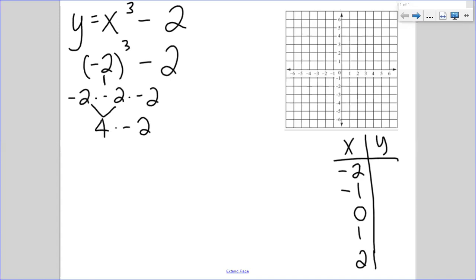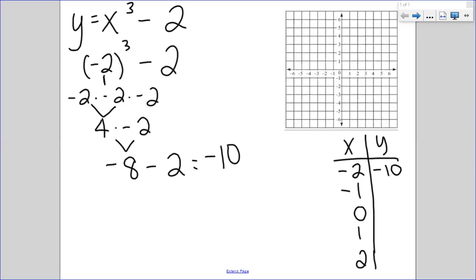So -2 to the third power gives me a -8. Okay, so then the rest of it is -8 minus 2. Okay, that leaves us with a -10. So when I plug in a -2 up into this equation, I get a -10.